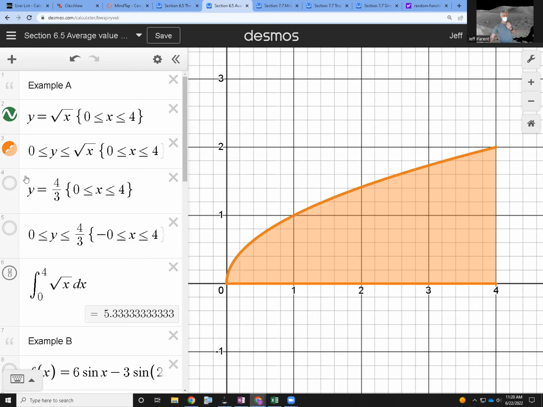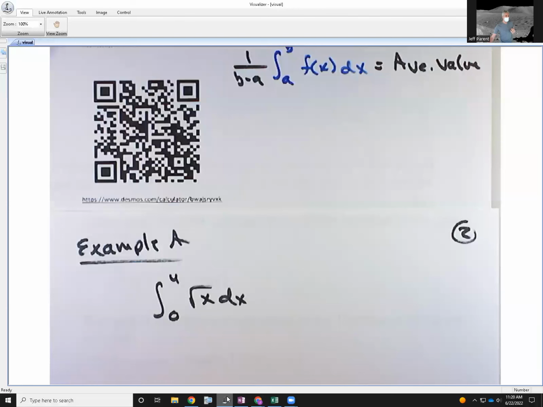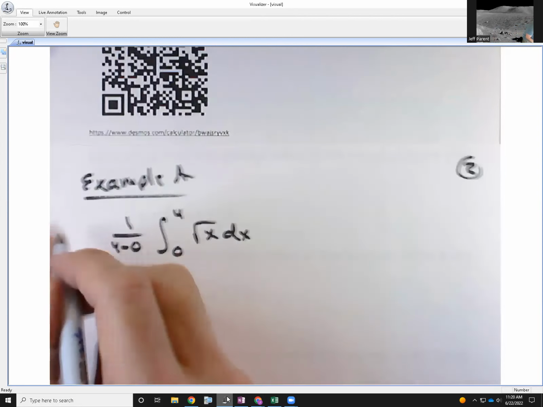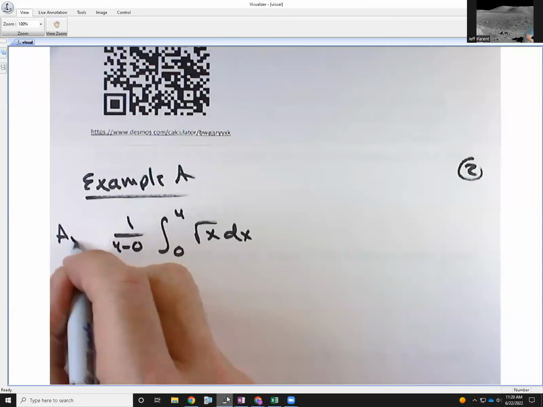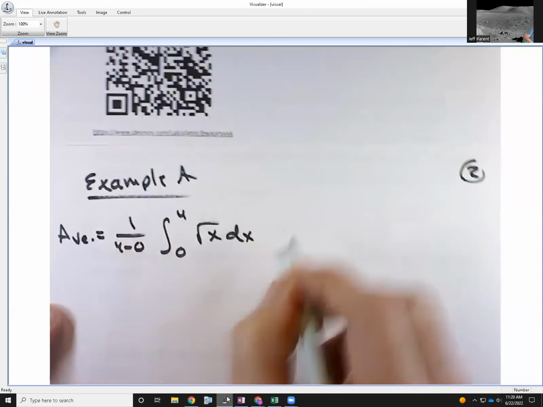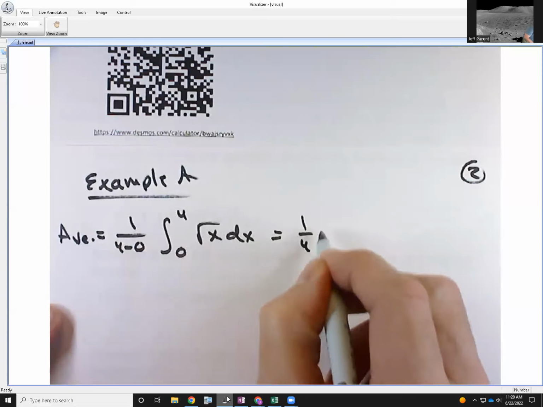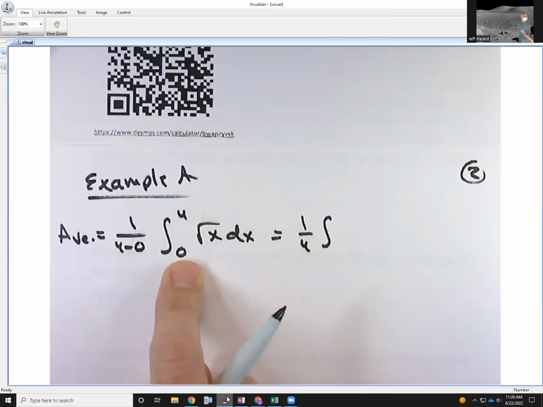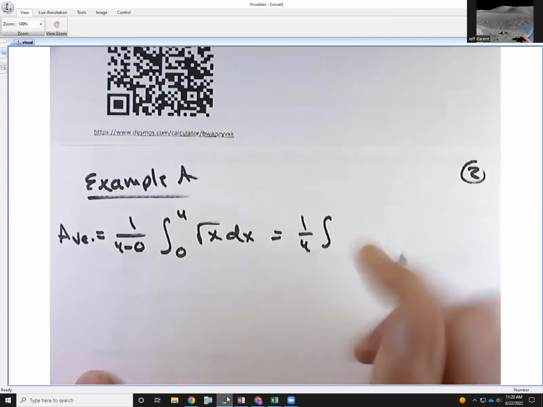But to get the average value, I've got to do more than just integrate it. I've got to multiply it by 1 over 4 minus 0. Of course, that's just 1 over 4, but that's going to give me the average. So I'll do that as 1 over 4. Probably want to change this a little bit.